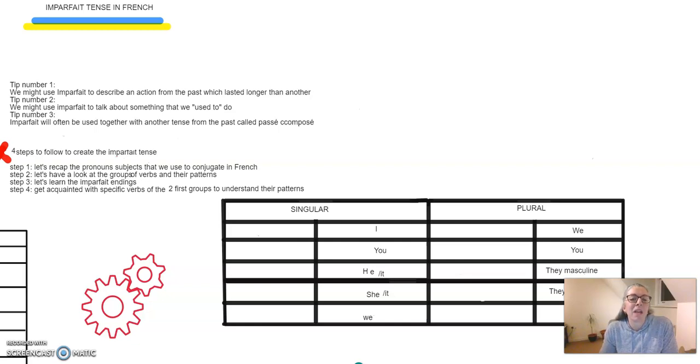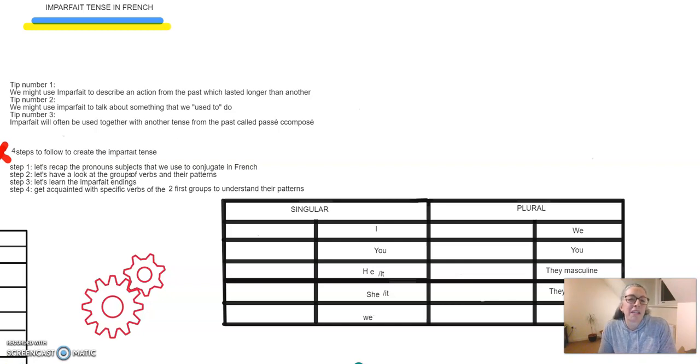For example, if I say to you in English, I was preparing dinner when all of a sudden somebody knocked at the door, then I was preparing dinner will be translated by the imperfect tense, and somebody knocked at the door will be translated by the passé composé.